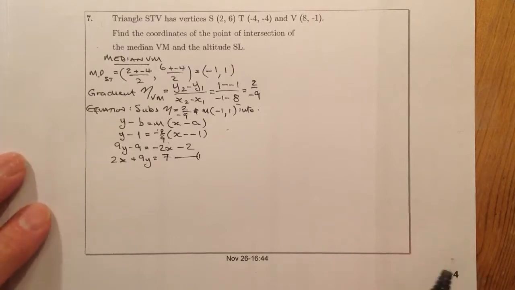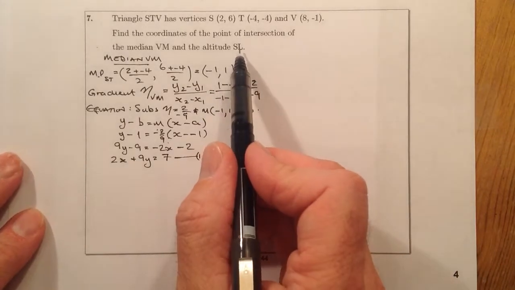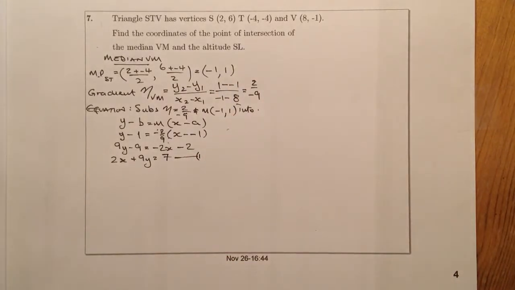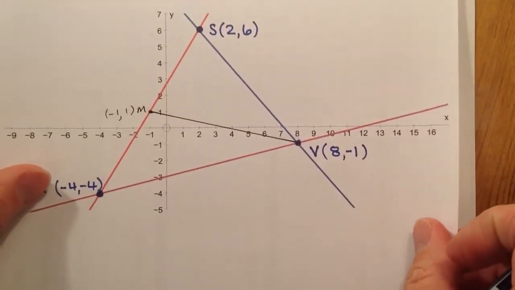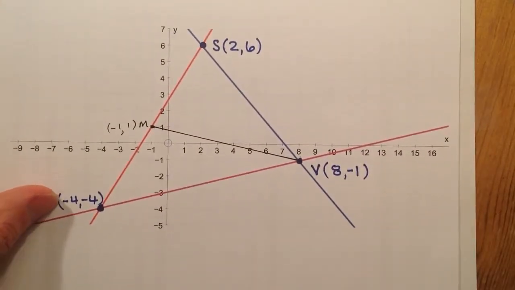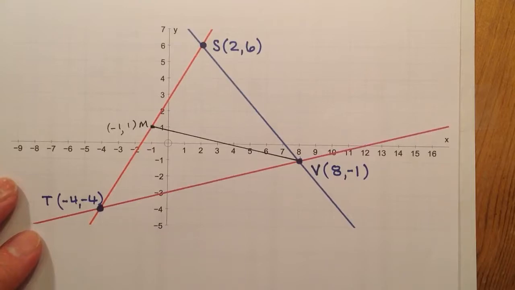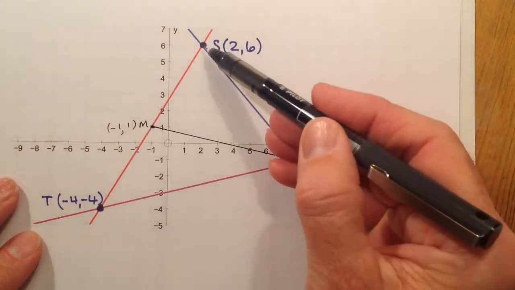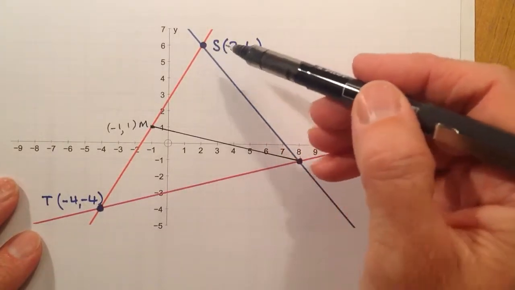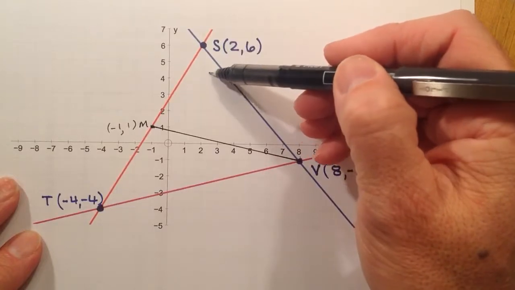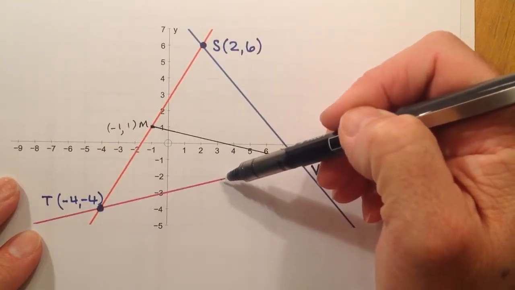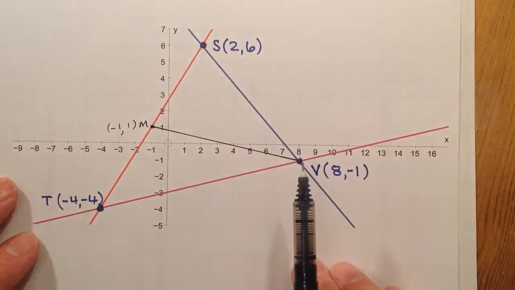Right, the next part I've got to do is to find the altitude SL. Okay, so I'll go back to the drawing just now and show you what we're working out. If I know an altitude that's SL and it's coming from S, it should come from this point and meet this line here at right angles.